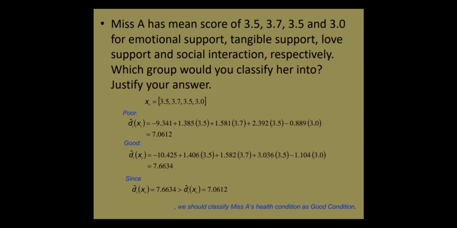So just replace in the earlier function. So from here we can see that here 7.6634 is more than the poor score 7.06. So we should classify Miss A's health condition as good condition. Okay, kita tengok yang lagi tinggi, the highest score.